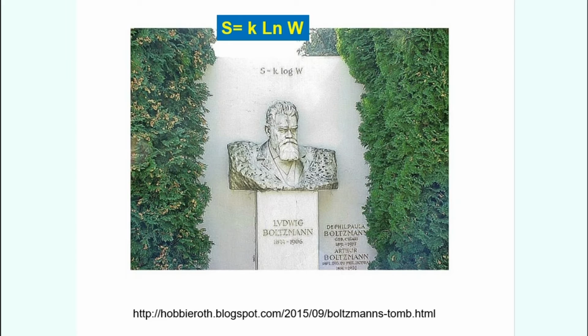He worked with gases and developed the Maxwell-Boltzmann theory. He worked with the Stefan-Boltzmann law, Gibbs law. He was one of the finest brains in the world. He said entropy is related to probability.